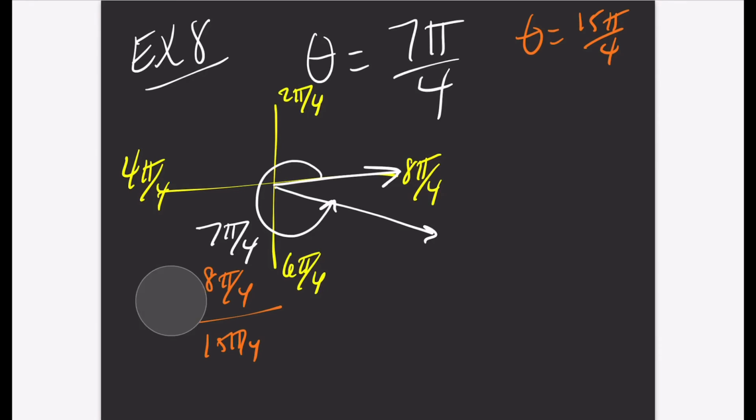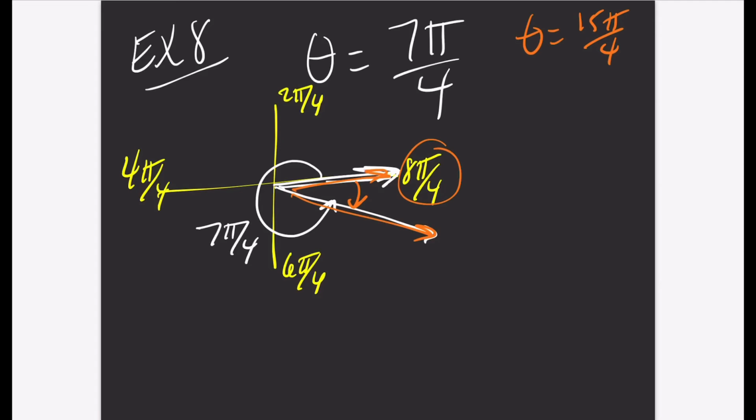Now let's find the negative coterminal angle, which is the angle that starts at the positive x-axis and goes clockwise. Keep in mind that 1 full revolution was 7 pi over 4. We stopped at 7 pi over 4, making this angle right here negative 1 pi over 4. So that's our first coterminal angle, negative pi over 4.